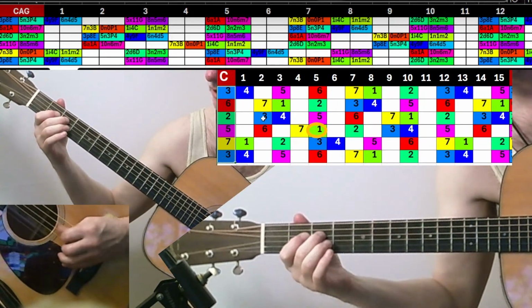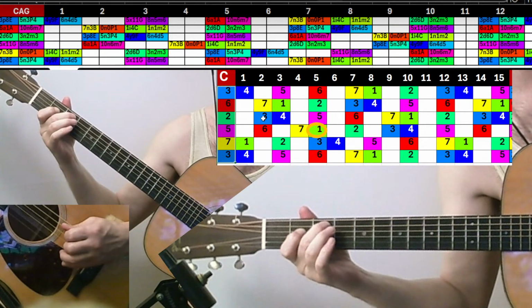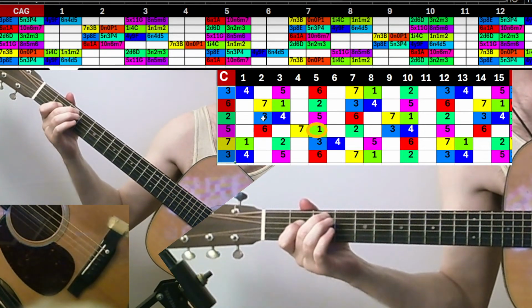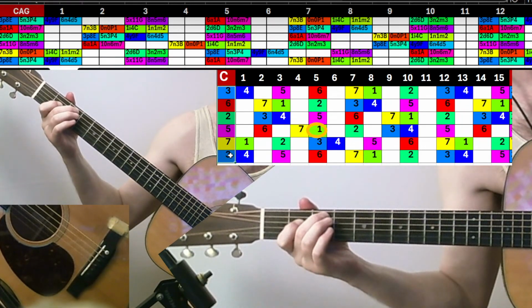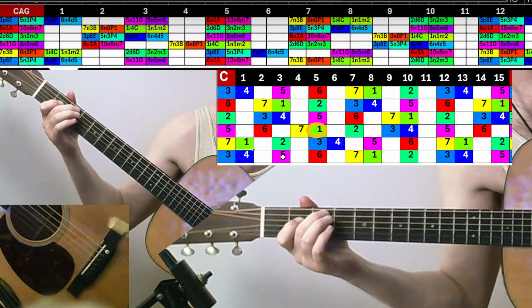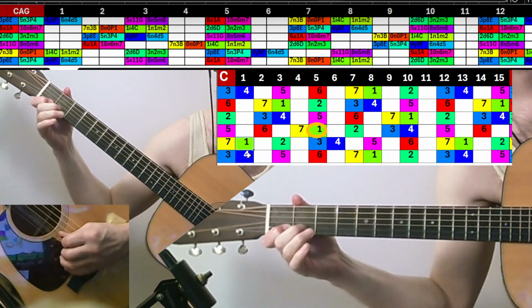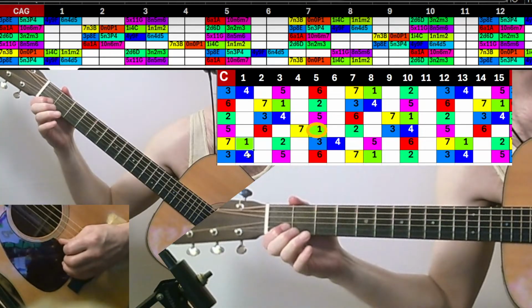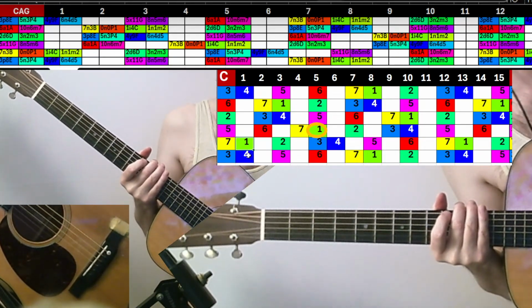You want that beautiful half step. And if you have the C on the nut, you can't get behind it to do the half step. So that's probably why.